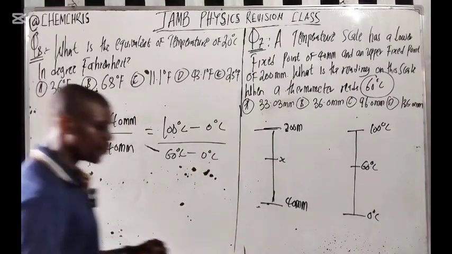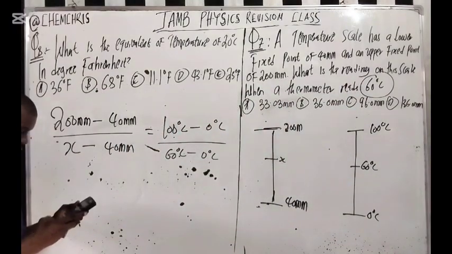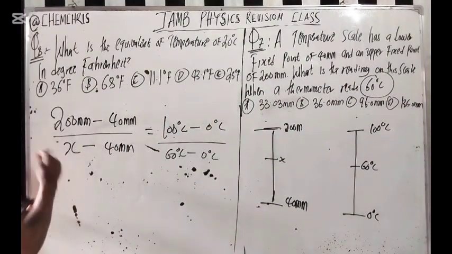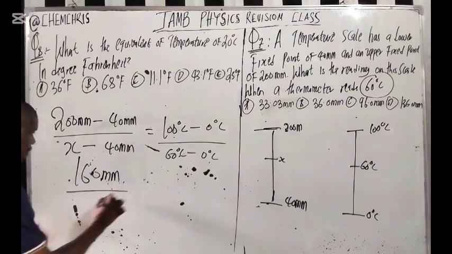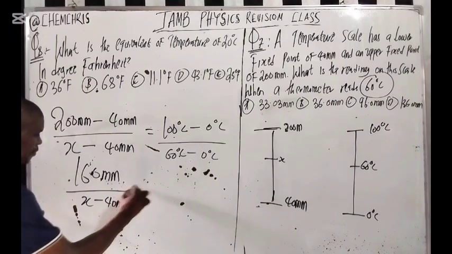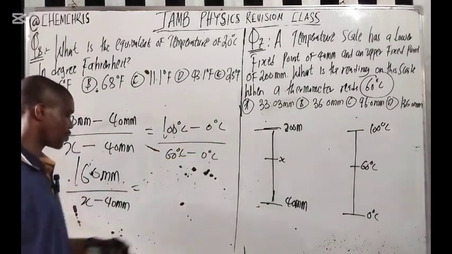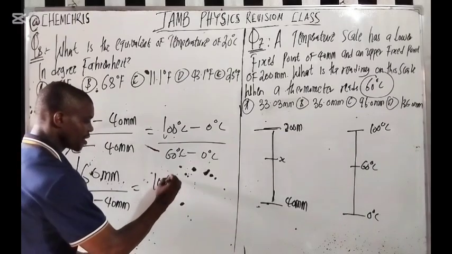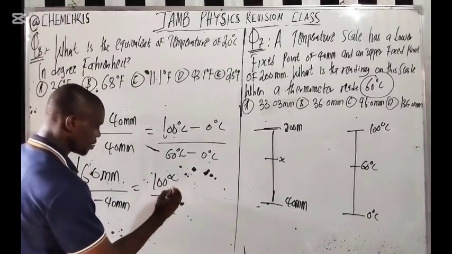So 200 minus 40, here we have 160. So here we have 160 millimeter over x minus 40 millimeter, right? Then 100 minus 0 is 100 degrees centigrade over 60 degrees centigrade here, right?